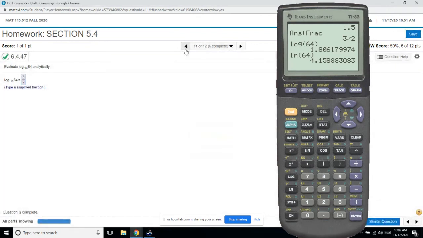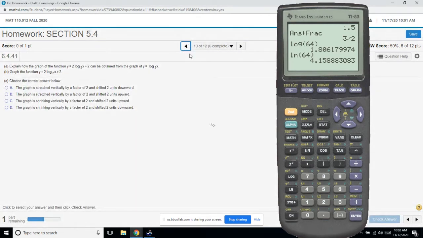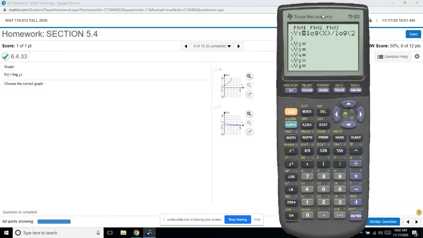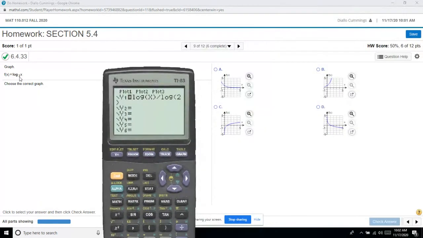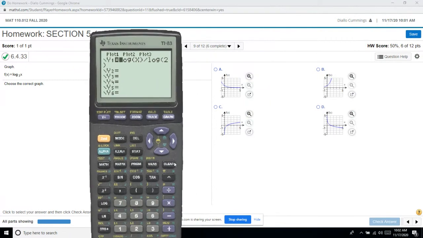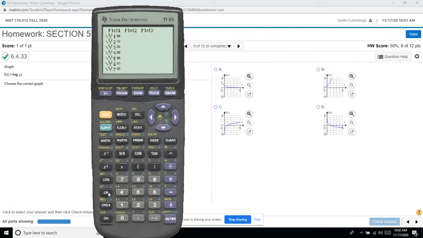All right, I also want to take a look at problem number 9. And in this problem, we are asked to graph the log base 3 of x. So here again, I am running into a problem. I can only use the common log and the natural log.